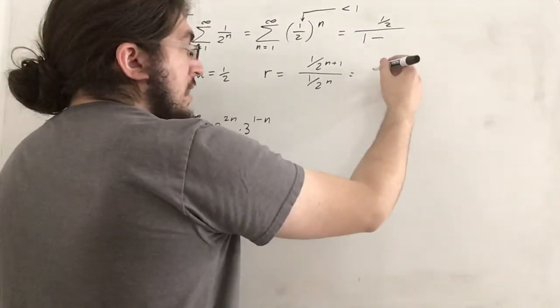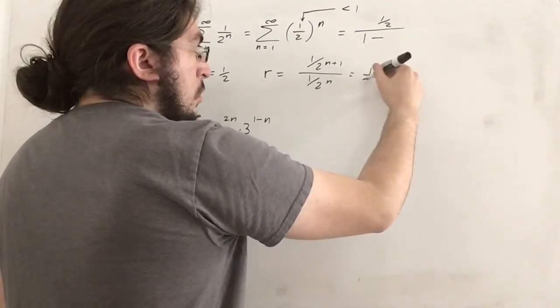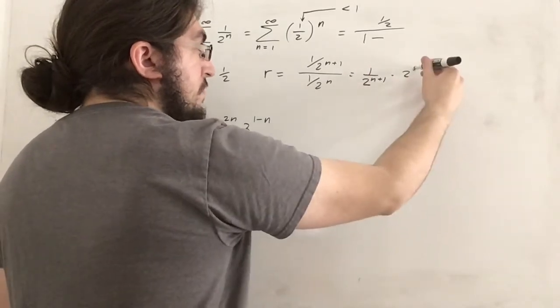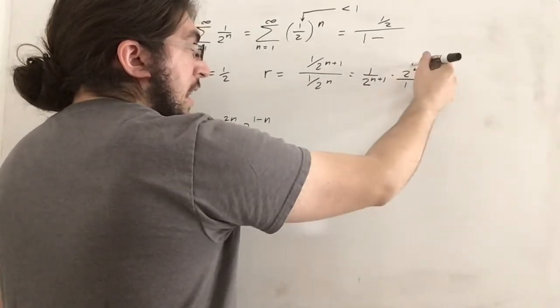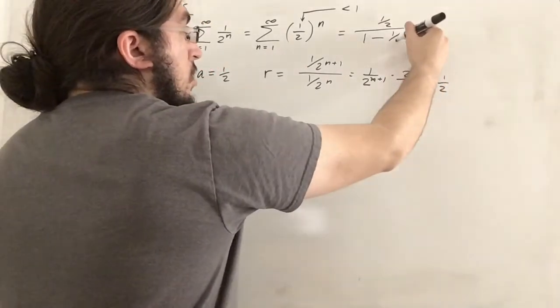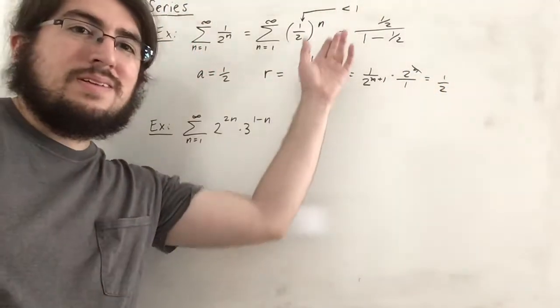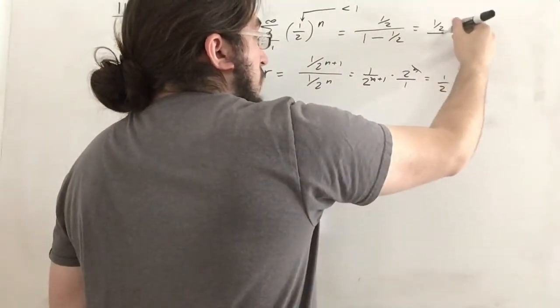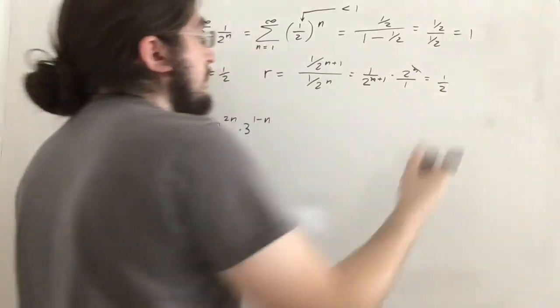We can write this as 1 over 2 to the n plus 1 multiplied by the reciprocal of 1 over 2 to the n. And the n's cancel like this, so this is just 1 over 2. So it's 1 over 2 over 1 minus 1 over 2. So we really just get 1/2 over 1/2, which is just 1.